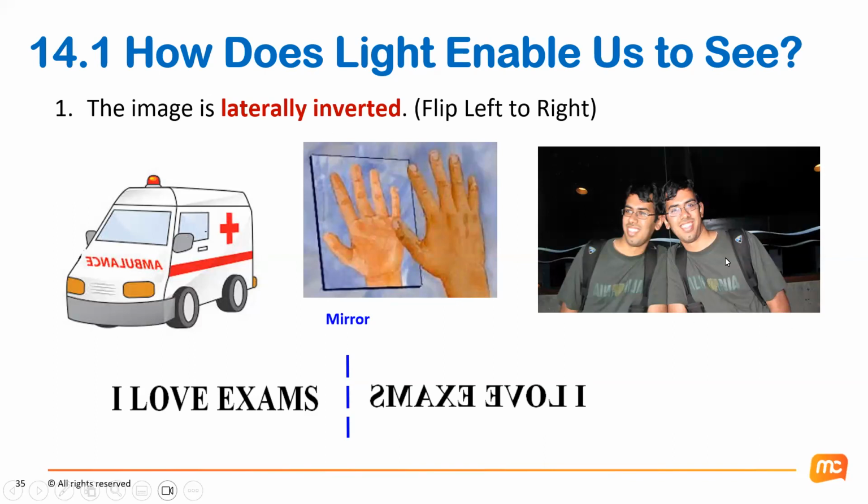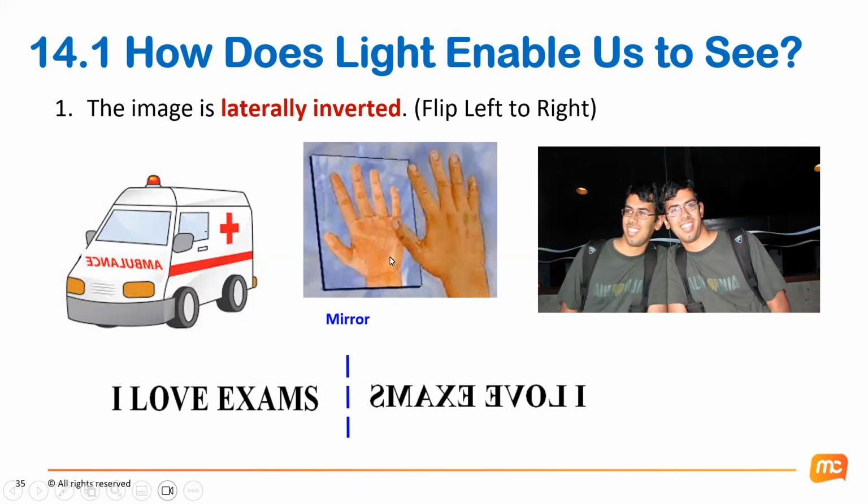You see this guy over here. This is the real him and this is the mirror image. They are laterally inverted. You can take a look at your hand also. It looks like your right hand is the real one, but in the mirror image, it looks like it's your left hand.